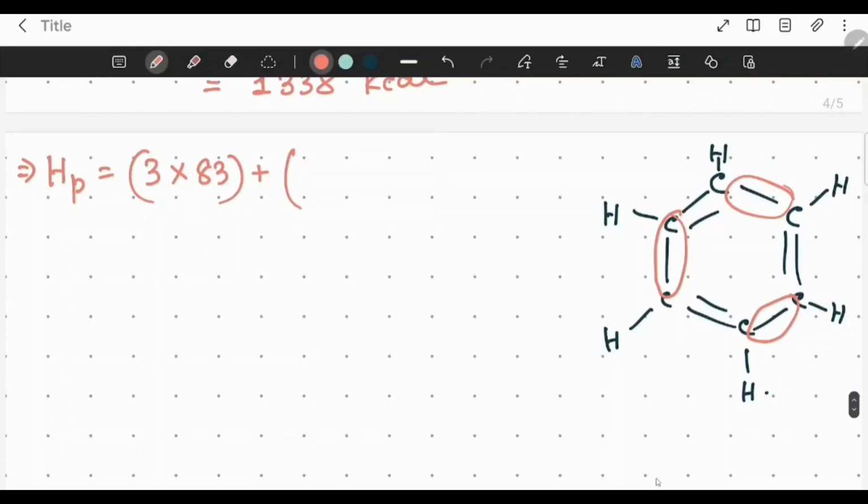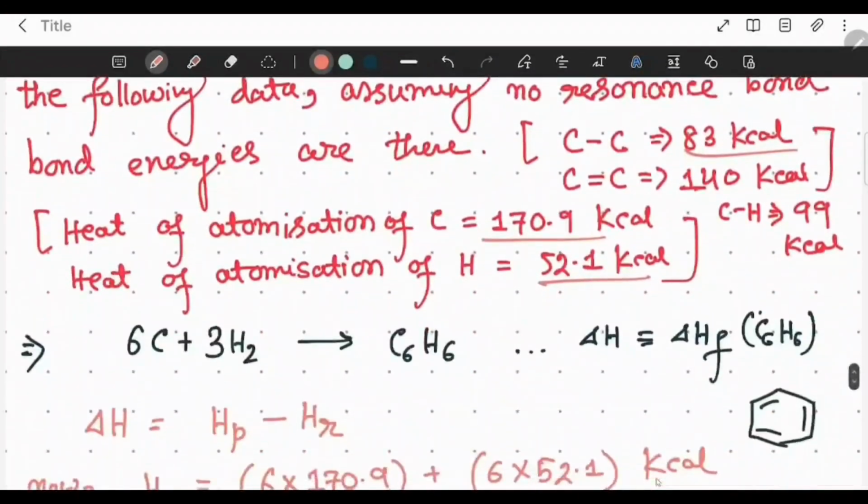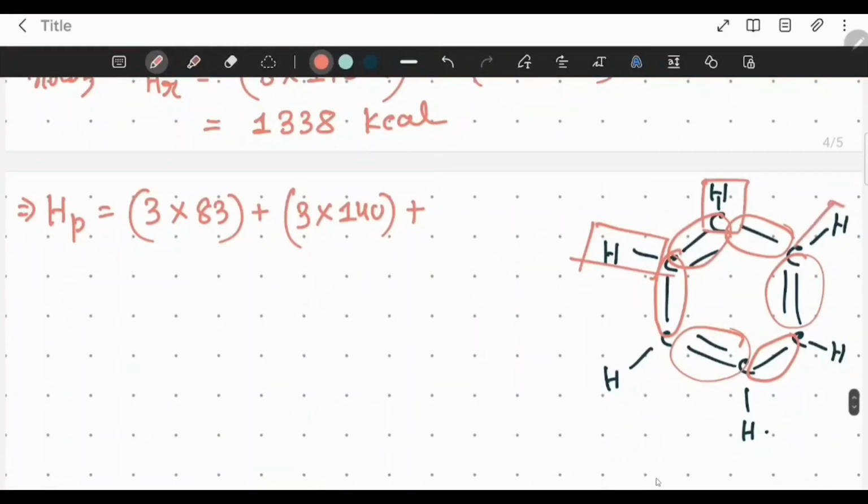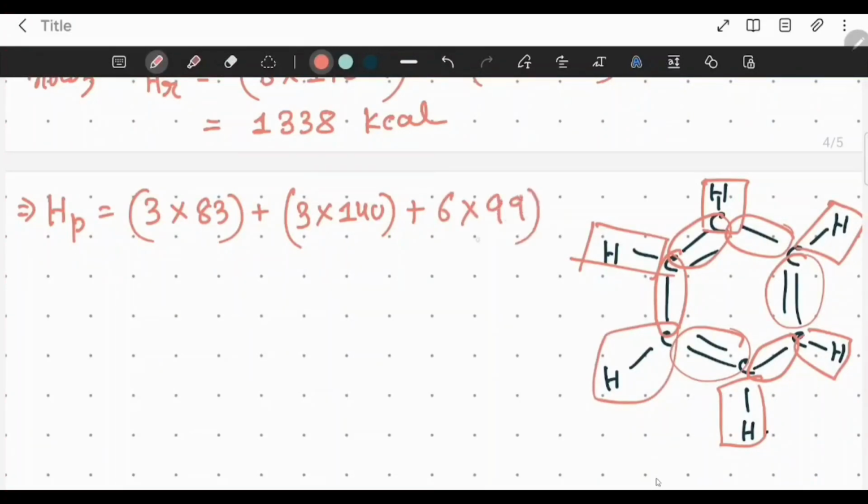So how many C double bond C? 1, 2, 3. 3 into what is the bond energy? 140. Plus 6 CH bonds. So 6 into 99.